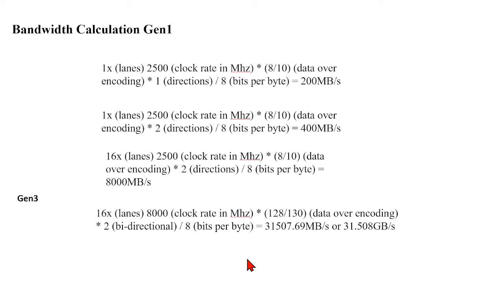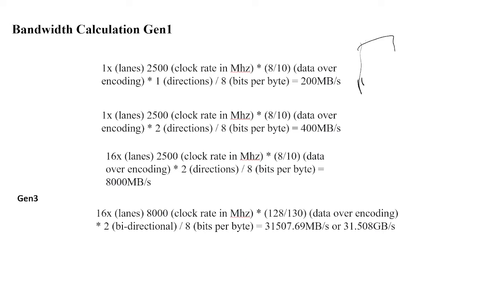In each generation, the maximum bandwidth we can achieve will be different, based on the requirements, how many lanes we are using, and which encoding we are using. So we'll see all these points, like how to calculate this bandwidth with different frequencies and different generations. Let us take one suitable example for that.